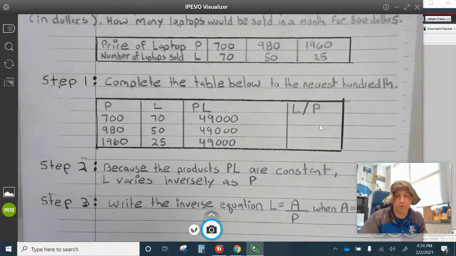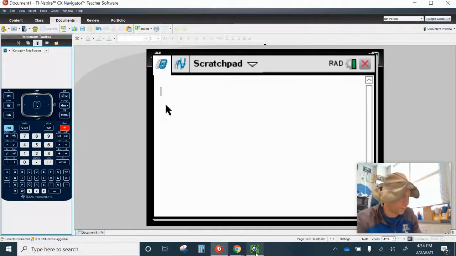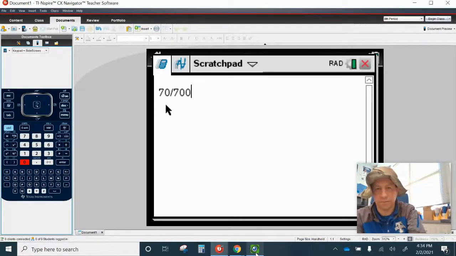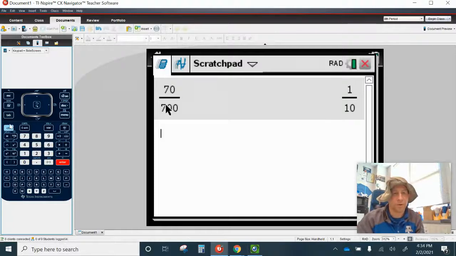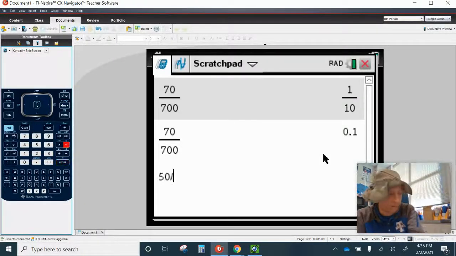Now we need to do L divided by P. So let's do that now. Okay, so then that's 70 divided by 700. And we can press Control Enter, and that's 0.10. And then 50 divided by 980.